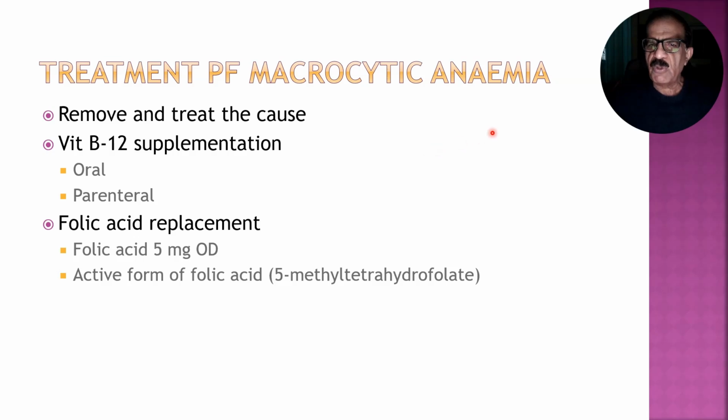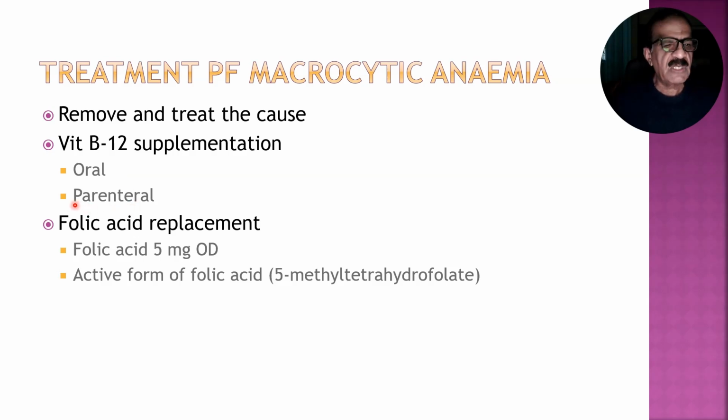Treatment of macrocytic anemia: remove and treat the cause first of all, and then vitamin B12 supplementation. We have the traditional vitamin B12 preparation that can be given orally, or we have the active form of vitamin B12 in the form of methylcobalamin, which can be given once a day for 3 to 6 months.